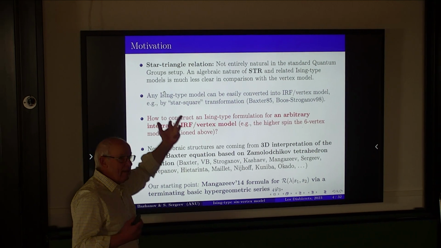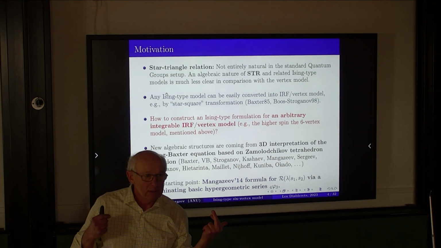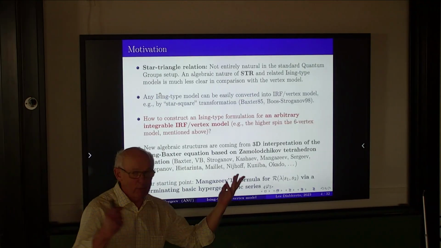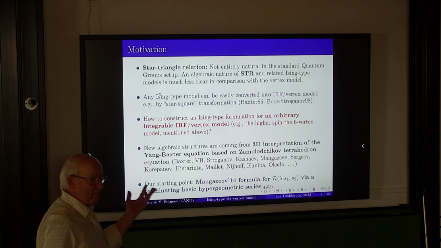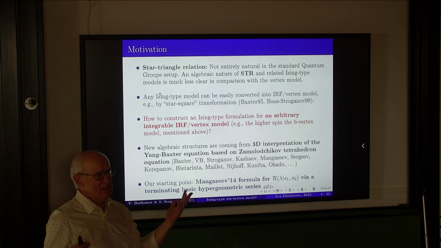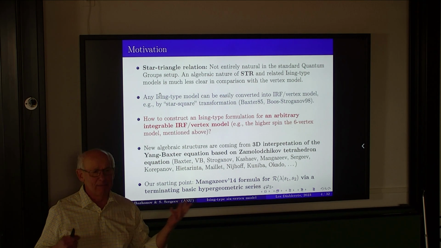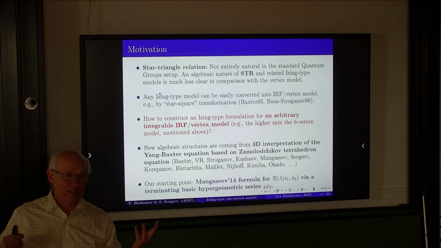On the other hand, if we have an Ising-type model, for example the Ising model itself, or the Potts model, it can be converted into the vertex or IRF model by what is known in statistical mechanics as a decoration transformation.